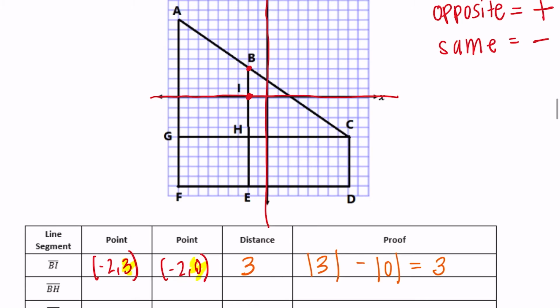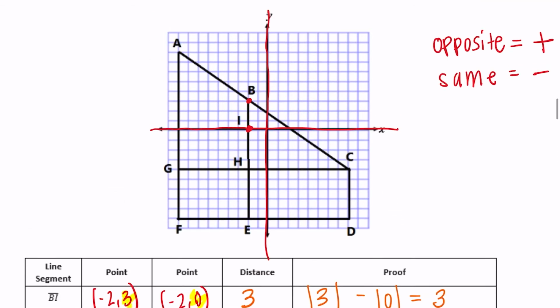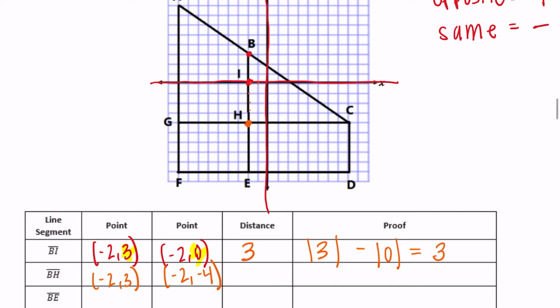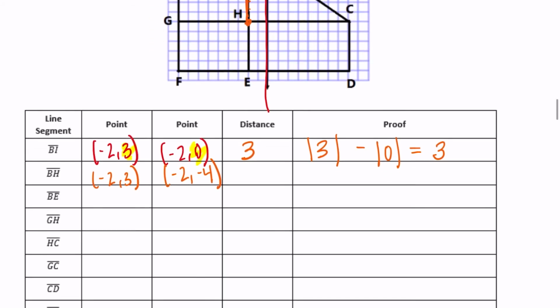So BH, the point for B is -2, 3. And H right here would be -2, -4. So BH, these are located on opposite sides of 0, which means we're going to add. And they're different in their y coordinates. So absolute value of 3 plus the absolute value of -4 will be equal to 7. So their distance is 7. BE, so again, B is -2, 3.